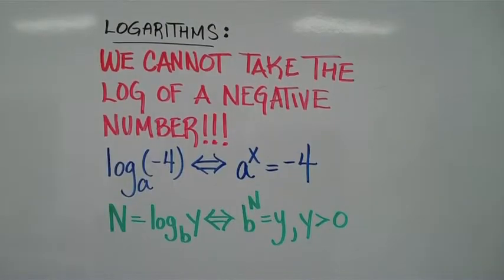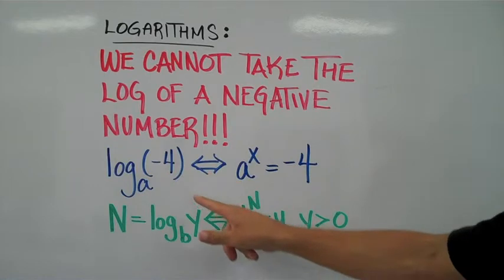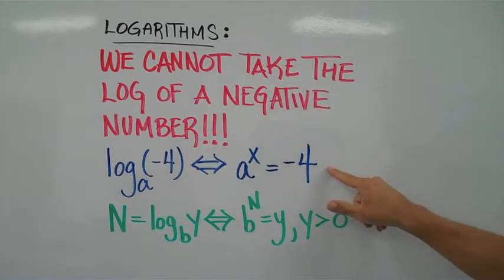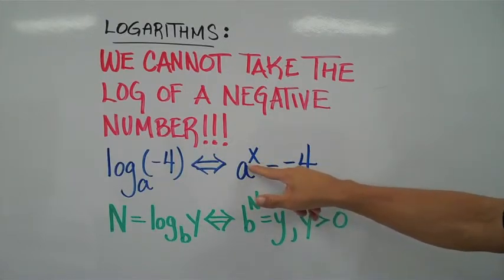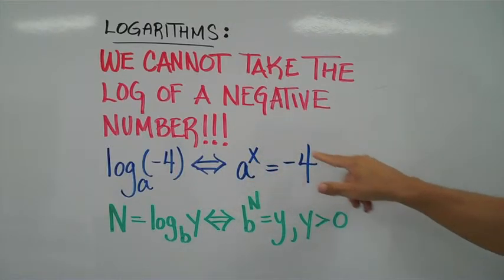We cannot take the log of a negative number. If I have log of some base a of negative 4, this is saying a to some power x is equal to negative 4. Now, if there's a positive number here, a to some positive number is not going to give you negative 4. A to 0 is not going to give you negative 4.